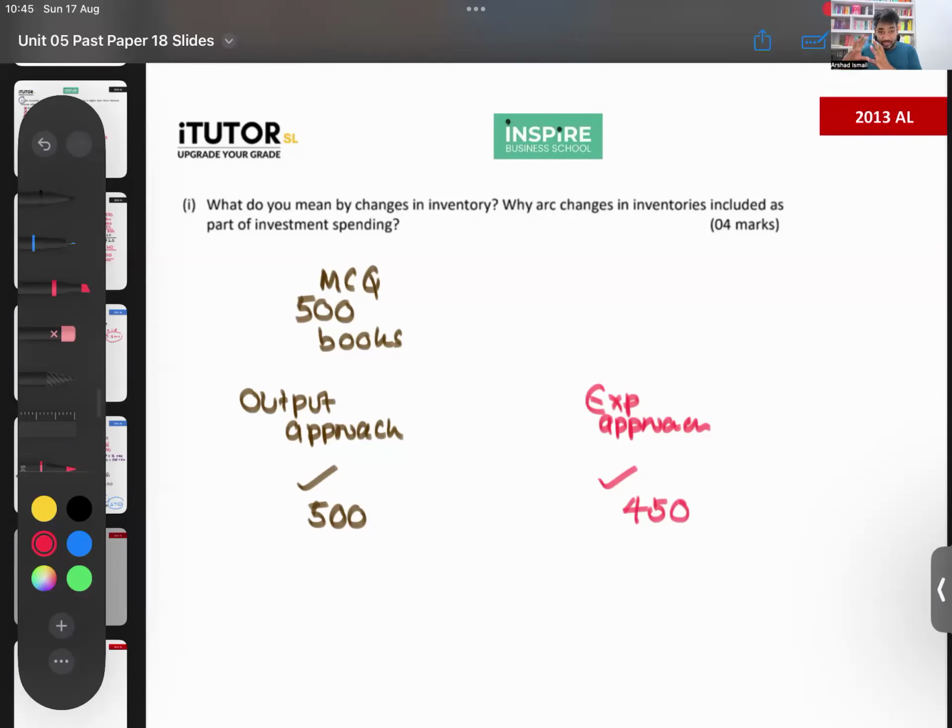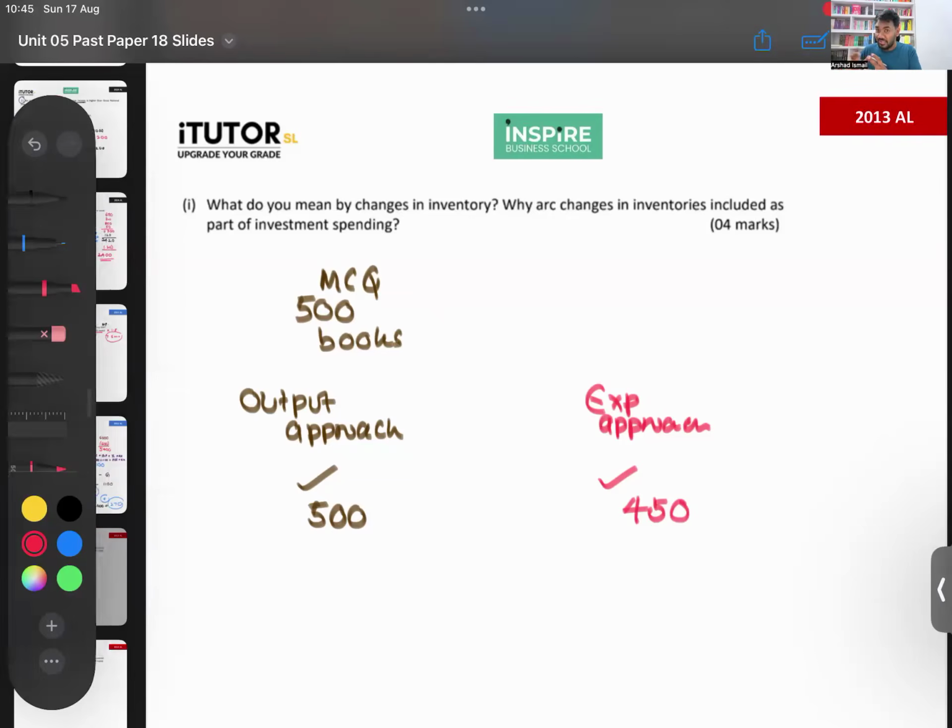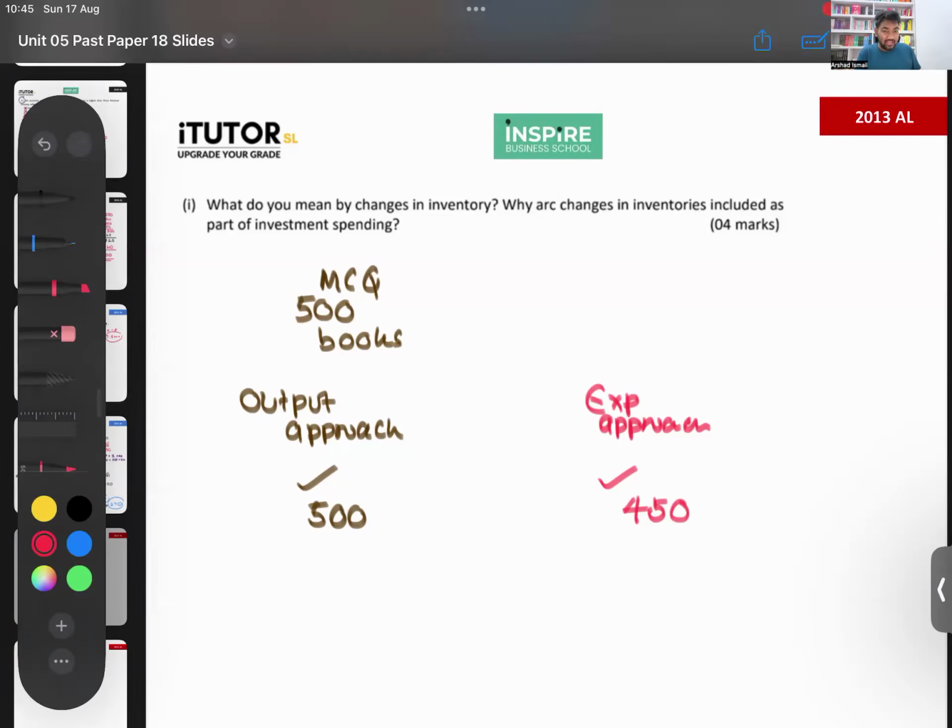The output approach is showing a GDP for 500 books. The expenditure approach is saying, look here, private consumption, that is the consumption from you all, you have only bought 450 books. So under private consumption, there is expenditure only for 450 books.